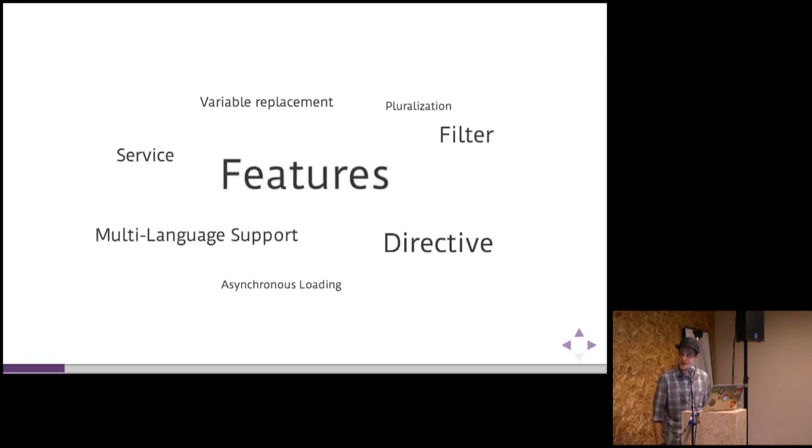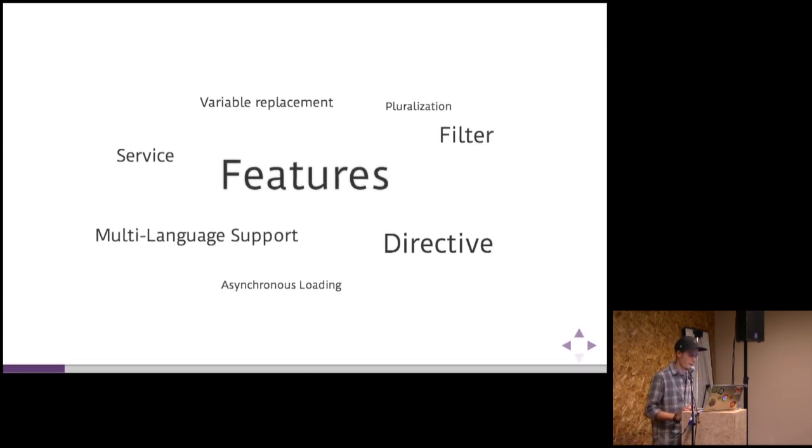Asynchronous loading is also a big feature. You don't have to deploy your translations within your app. You can hook up asynchronous loading so that the internationalization data is loaded asynchronously once it's really needed. And then there is pluralization.